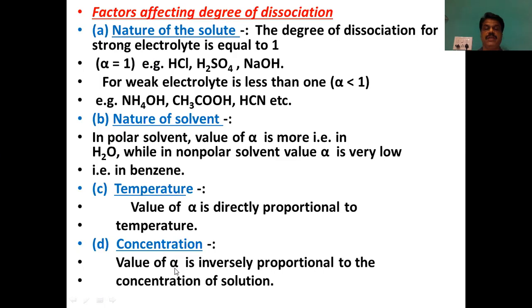That means as concentration decreases, the degree of dissociation increases, and therefore alpha is inversely proportional to concentration. These are the factors which affect the degree of dissociation. A 2-mark question can be asked: what are the factors affecting the degree of dissociation, or enlist the factors affecting the degree of dissociation.